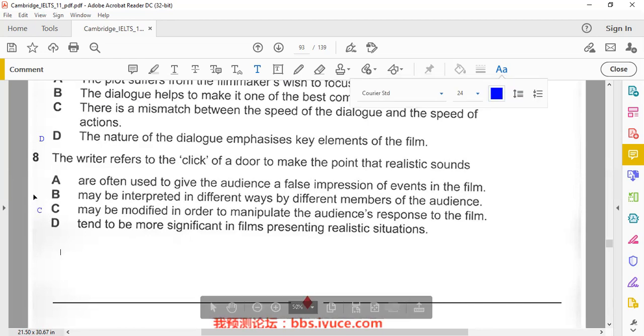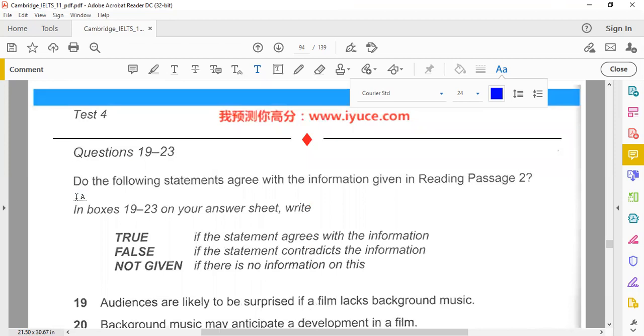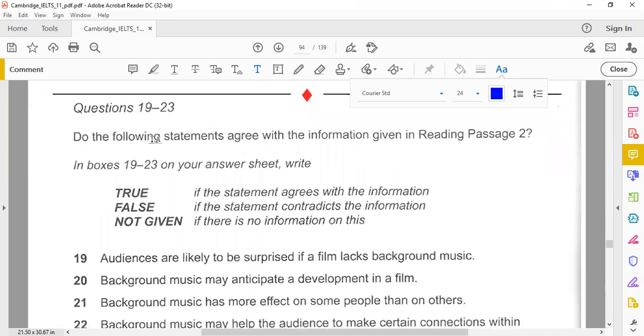And this is question 18. I'm sorry that it was omitted, but I was noting it. So here, this is 18. Next, we have questions 19 to 23.